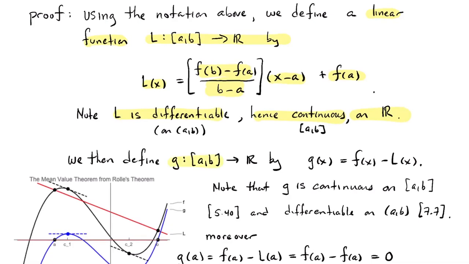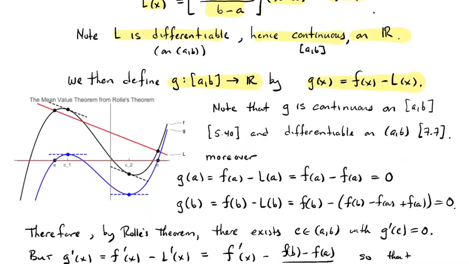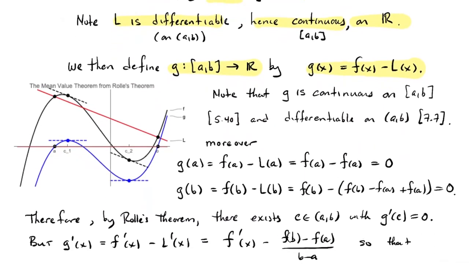Well, I'm going to define a new function g by just subtracting L from f. So I'm going to scroll up here a little bit because I've got a picture so you can see how I'm doing that. The picture is not super big, but remember f here is drawn in black.